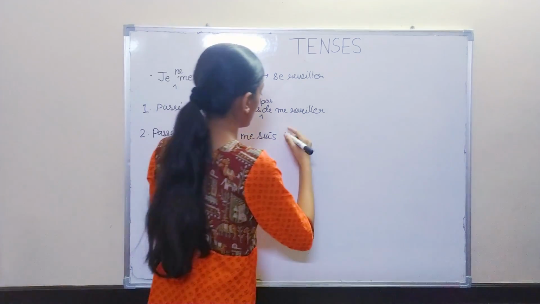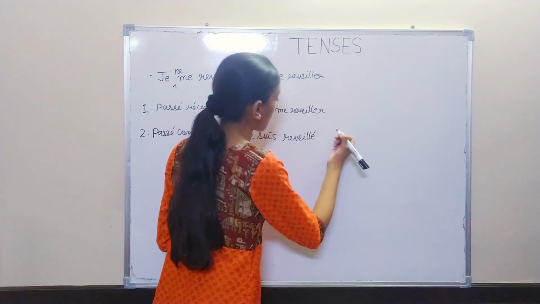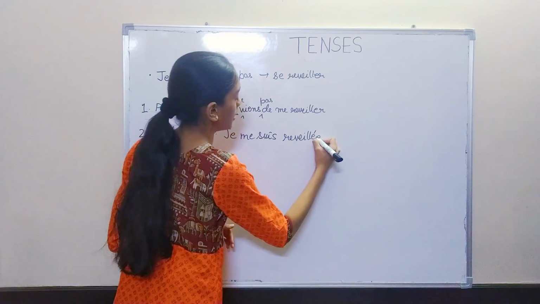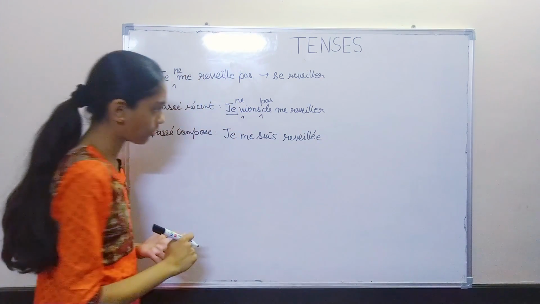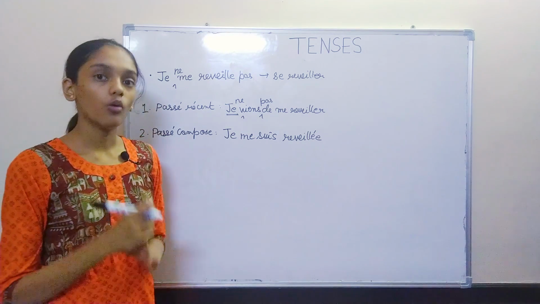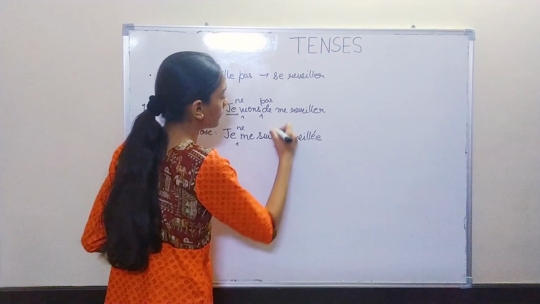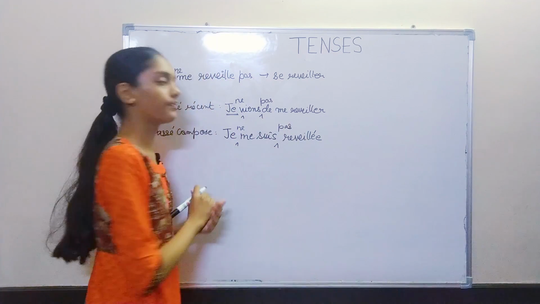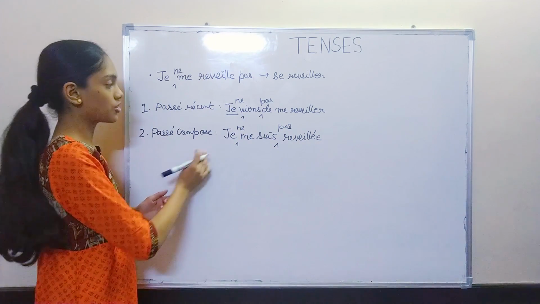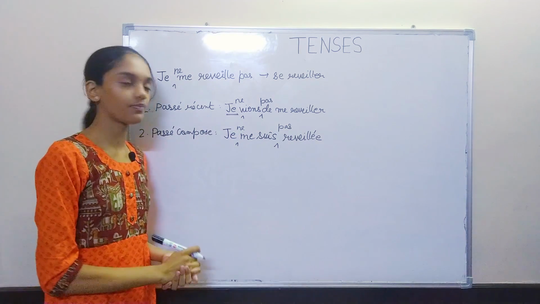So je me suis réveillé, and you can add an e, it's optional. So je me suis réveillé. Now to negate it, it's je ne me suis pas réveillé. Okay? So je me suis réveillé, je ne me suis pas réveillé.